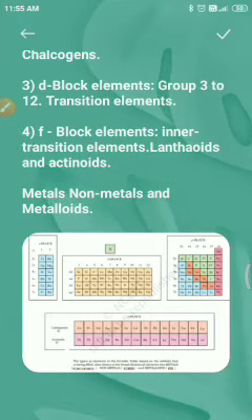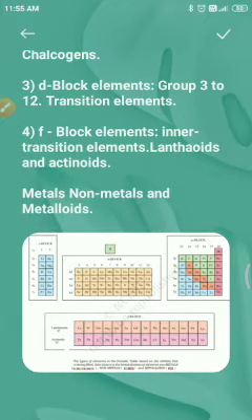In contrast, non-metals are located on the right-hand side of the periodic table. Along a horizontal line, the properties of the elements change from metallic on the left to non-metallic on the right.